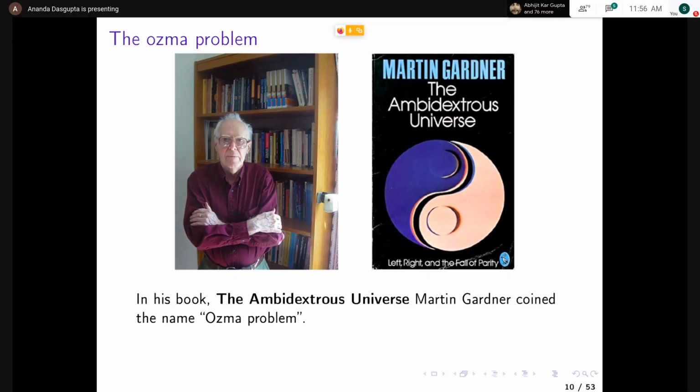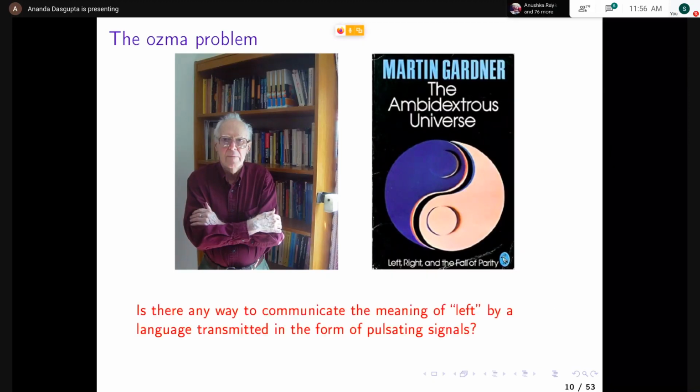Of course, Drake did not really worry about this issue at all, but given Drake had this project called the Ozma project, Martin Gardner came up with this name, the Ozma problem, for this issue about communicating with the alien, in particular communicating what is left and what is right. So the question was, is there a way to communicate the meaning of left by a language transmitted in the form of pulsating signals?